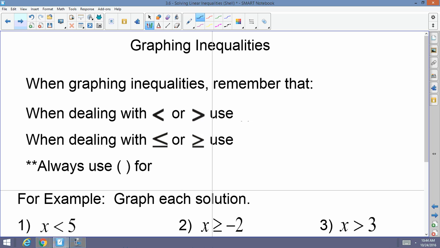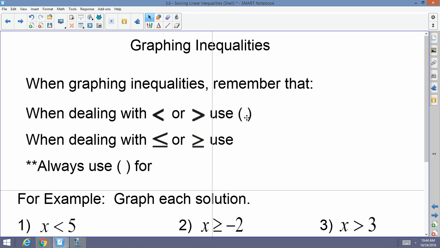Now, graphing inequalities. When we're graphing inequalities, my friends, I'm sure you guys remember graphing it with open circles and closed circles. That's a thing of the past. Now we're going to use proper symbols, okay? When graphing inequalities, I want you and I need you to remember that when dealing with less than or greater than, you're going to use from now on parentheses.